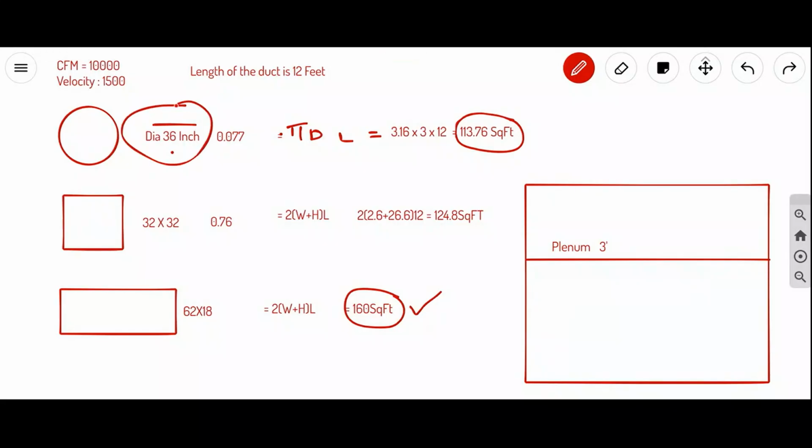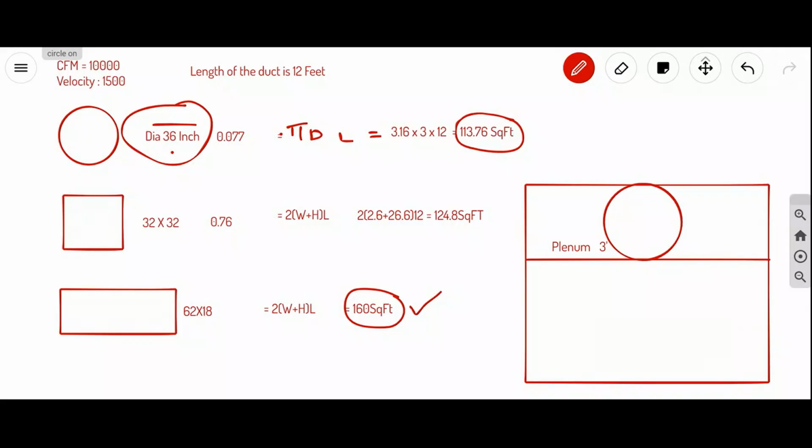So can I directly take this duct to here, and how it looks is it will come like this, right? So can I use this duct here? No. I can't use this duct here.